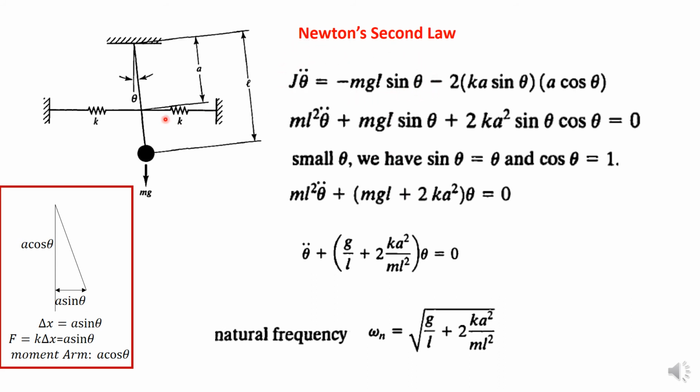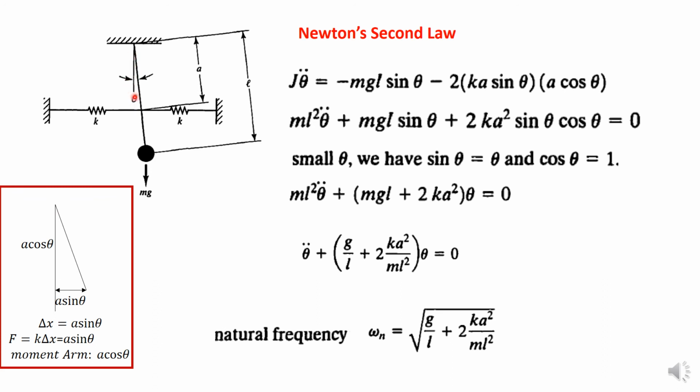The other part is this term, the torque from the two springs. You can see when we have a rotation angle, the displacement here will be A multiplied by sine theta, and this part should be A multiplied by cosine theta.